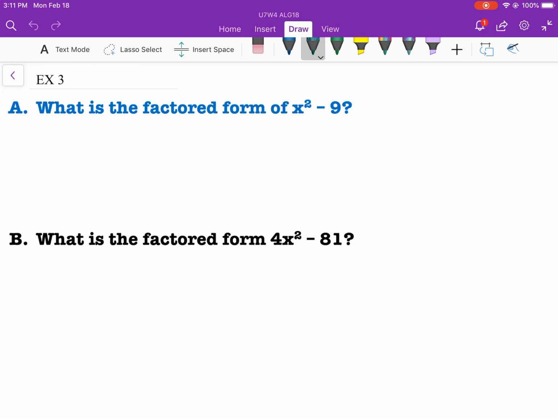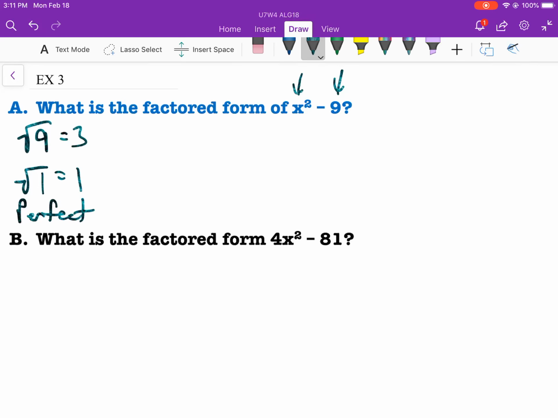So these are difference of squares. Both of these numbers are perfect squares. Because if you take the square root of 9, it's equal to 3. The square root of 1 is equal to 1. That's what makes a perfect square.